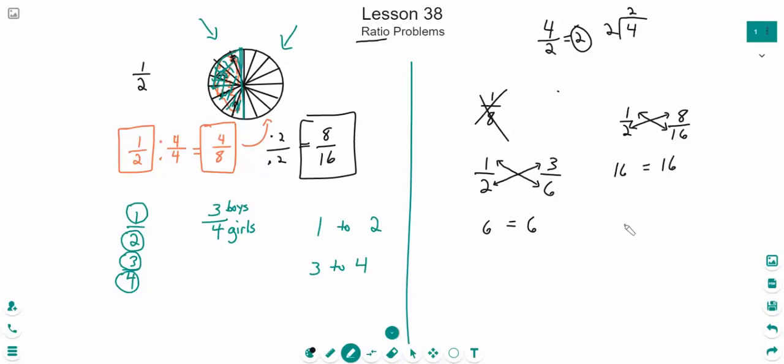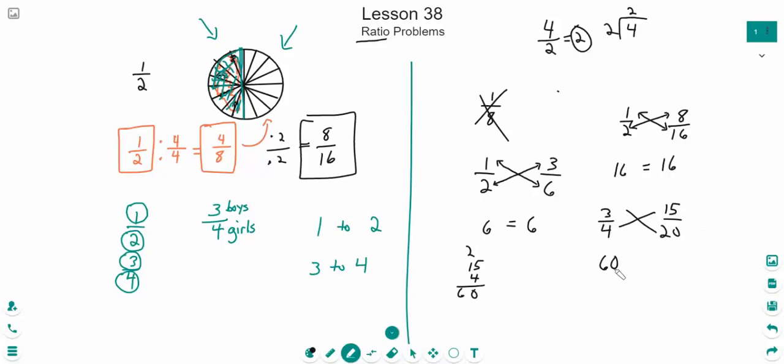All right? So if I have maybe something just a little bit harder, let's try a 3/4 and a 15/20. Okay? It might not necessarily jump at you right away that these are equivalent fractions. So let's just cross multiply. What's 4 times 15? Well, 4 times 15, if you want, you can do it off on the side here, is going to be 60, right?